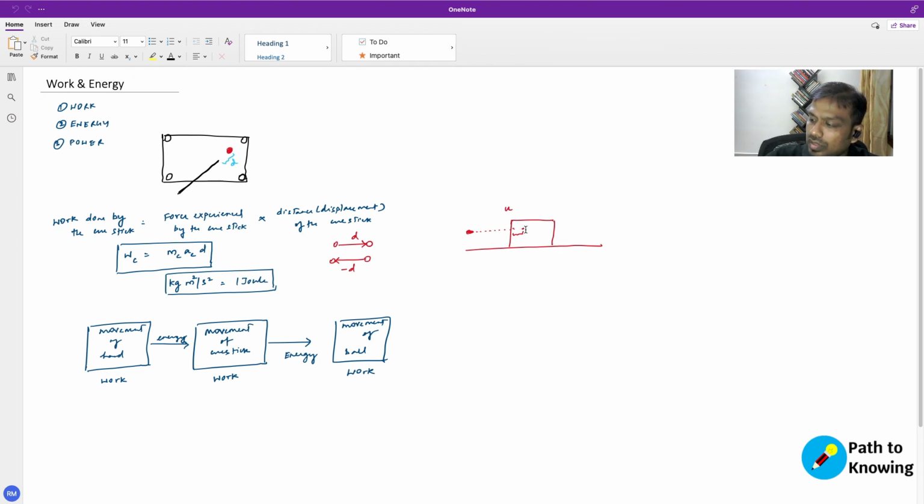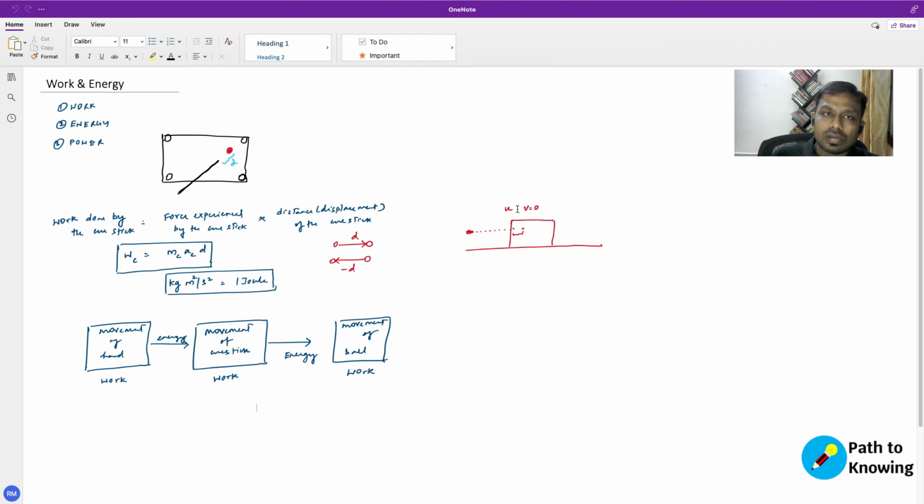Your final velocity v is going to be 0. So in this case, the bullet has undergone a negative acceleration, right? The velocity has reduced from u to 0, whatever that velocity was just before it hit the wooden block. It came down to 0.